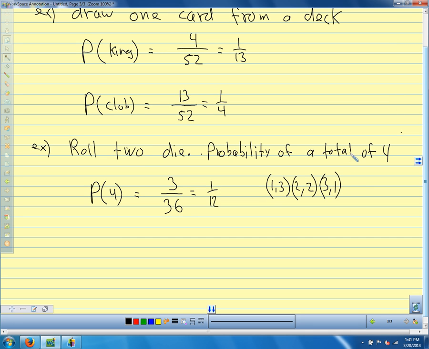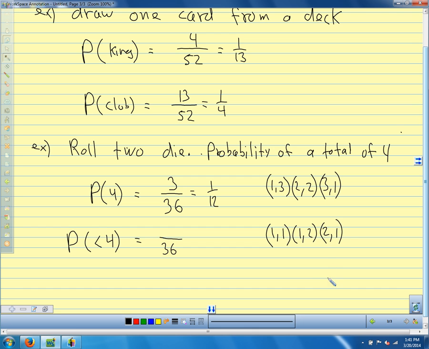Now we want to count how many ways. The next probability we want is the probability of rolling less than 4. We know there are 36 total ways, so let's count how many ways we can get a total less than 4. 1 and 1, 1 and 2, and a 2 and 1.